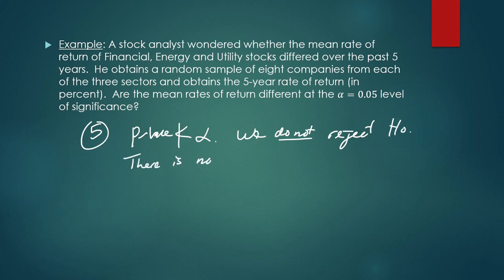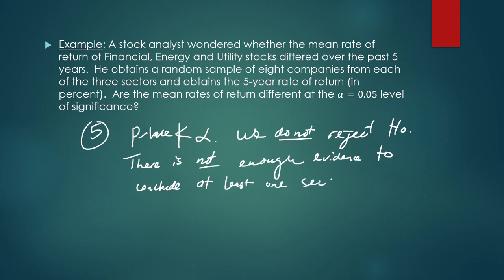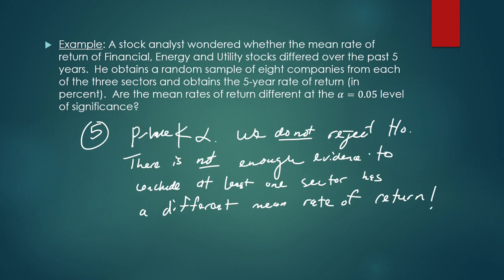There is not enough evidence to conclude at least one sector has a different mean rate of return. Since the p-value is not less than alpha, we do not reject the null hypothesis. There is not enough evidence to conclude at least one of the sectors has a different mean rate of return.